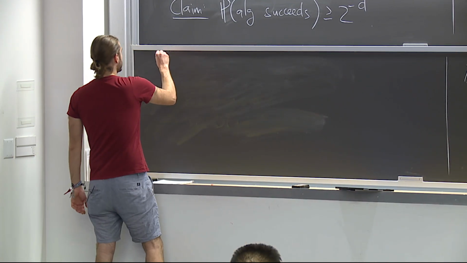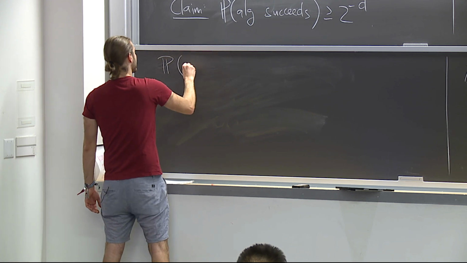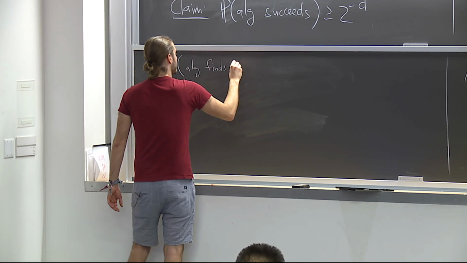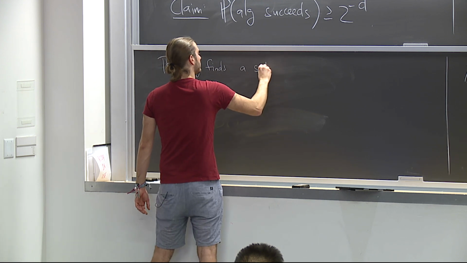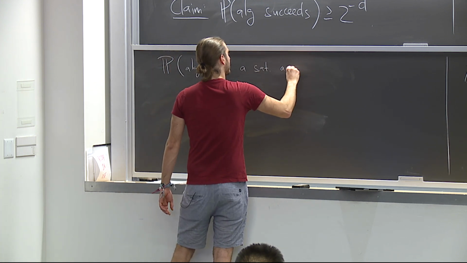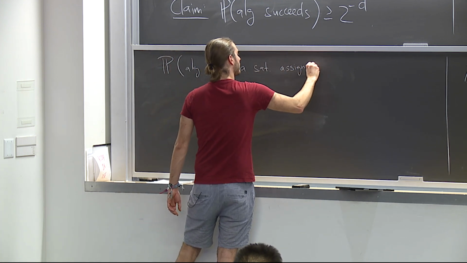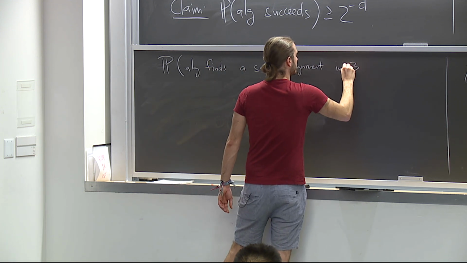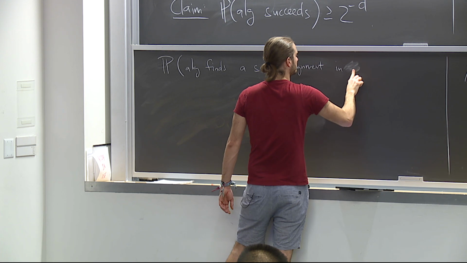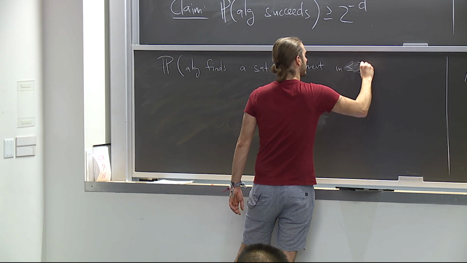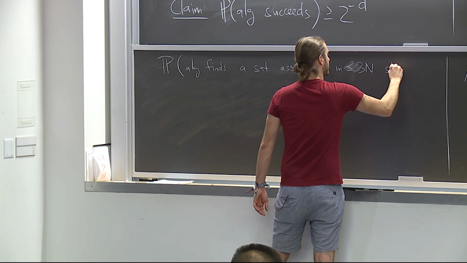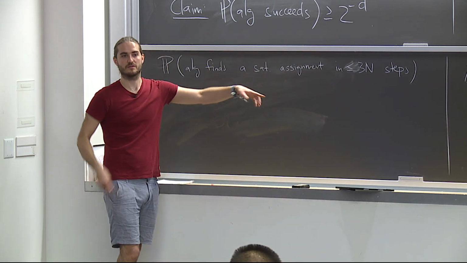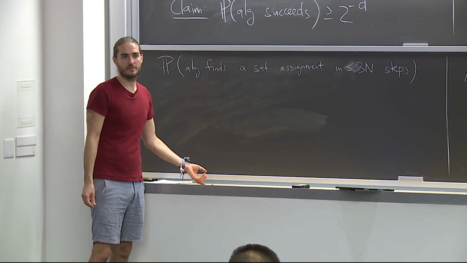The probability that the algorithm succeeds is basically the probability that the algorithm finds a satisfying assignment in 3n steps, at most 3n steps. Right? Because that's what the algorithm does. It repeats something for 3n steps.